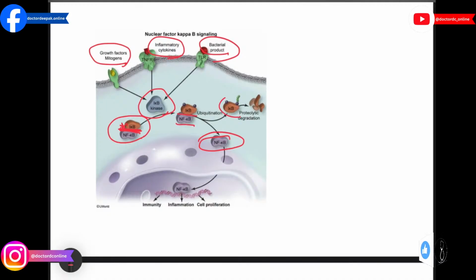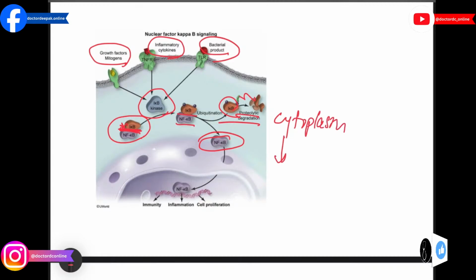IKB is degraded by the proteasome, and nuclear factor kappa B becomes free. Once free, it enters the nucleus from the cytoplasm.